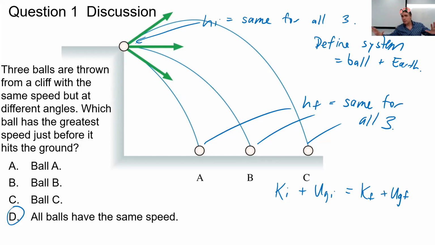But if all you're comparing is initial, which is a certain height and certain initial energy, to final, which is at a certain height and a certain kinetic energy, then it doesn't matter what happened in between. No matter what direction I send those objects in, if they are the same speed, the direction doesn't affect the kinetic energy. Okay. Yeah. Thank you.